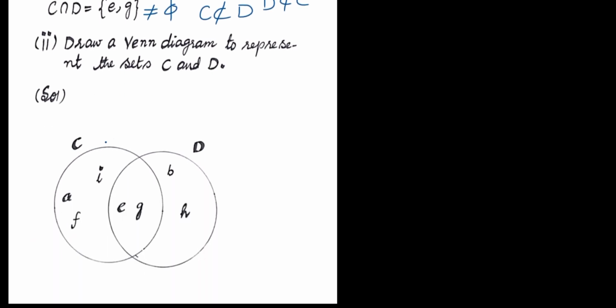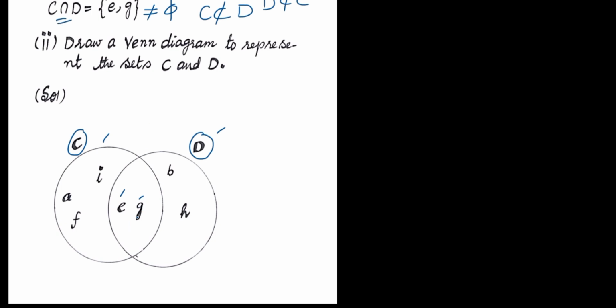So in Venn diagram, firstly we draw two circles. The first circle represents the set C, and the second circle represents set D. Now in their intersection area, we write the two elements that belong to their intersection, E and G.